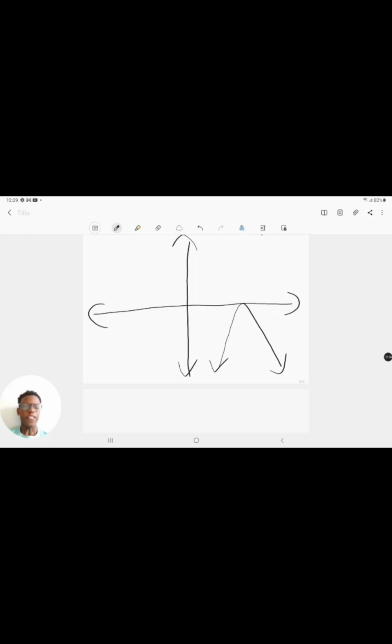You will agree with me that when you're looking at this graph, you only have one x value where the graph touches the x-axis. Now, it's not the number 1. The x value is not equal to 1. It's just one x value.